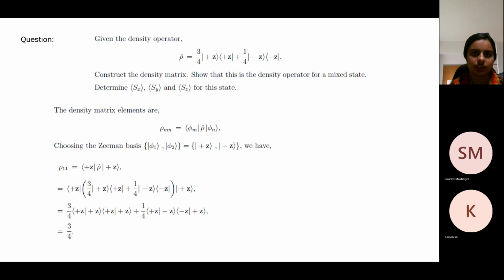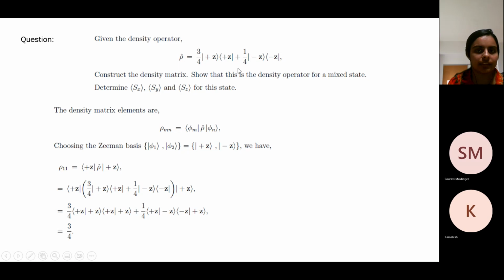Correct. Okay. But suppose I had half and half, that would be a different state, right? Half of the outer product of plus z and half of the outer product of minus z. If I had that, that would be a different state. So if you have to physically explain this state, what would you say?